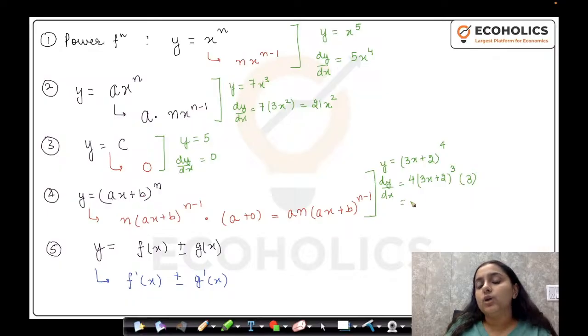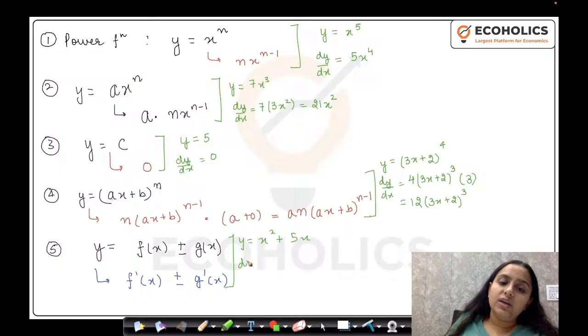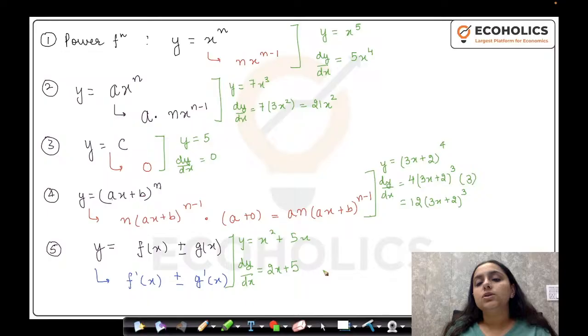So the answer is 12 into (3x + 2) raised to the power 3. Now if I take the example, y equals x square plus 5x, let's say. So dy by dx will be the derivative of x square, 2x, plus the derivative of 5x, 5. So that's how we do it. I hope these are clear now.